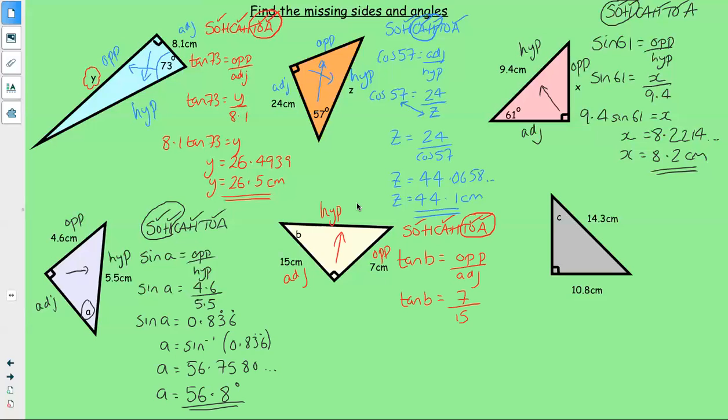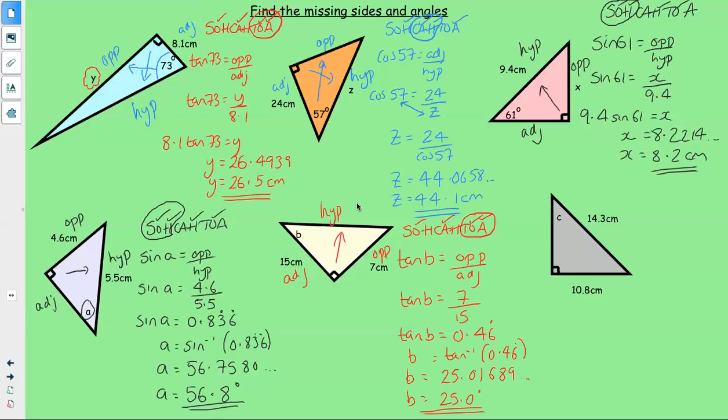We do 7 divided by 15 on my calculator. I get 0.46. So B is equal to the inverse. So shift tan previous answer, and it gives me an answer of 25.01689. One decimal place, 25.0 degrees.